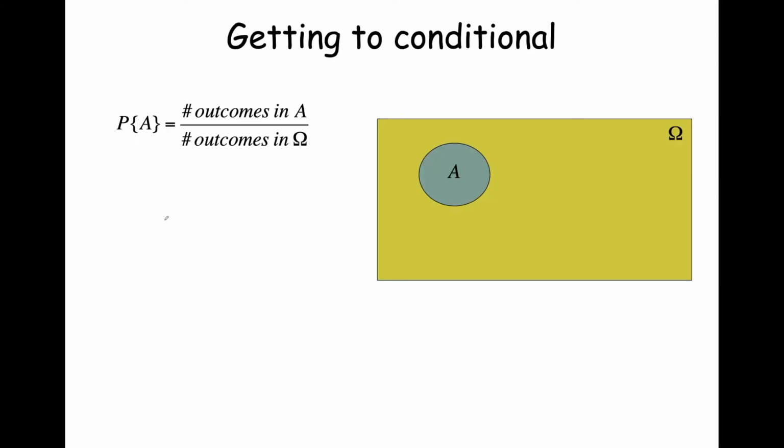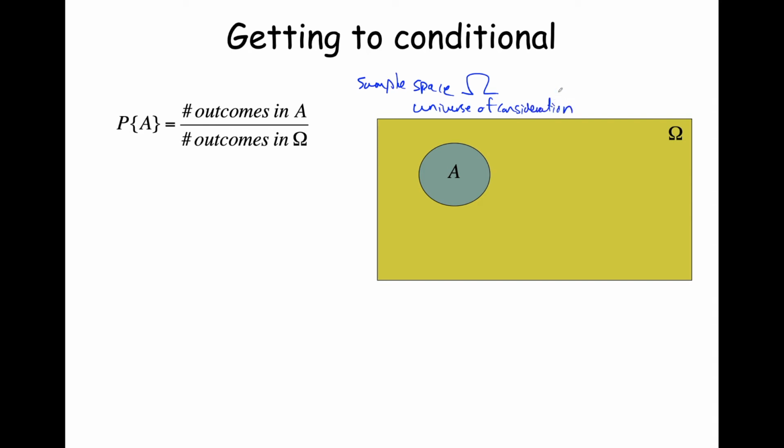Okay, so let's ground this out in the Venn diagram. We said the probability of A is the number of desired outcomes divided by the total number of outcomes that are possible. Now, the total number of outcomes that are possible, we note as our sample space, which in some parts of the literature we call capital omega. And so our sample space omega is our universe of consideration.